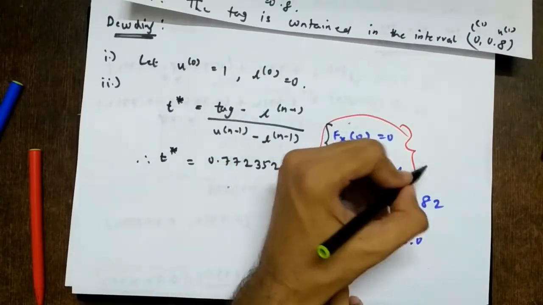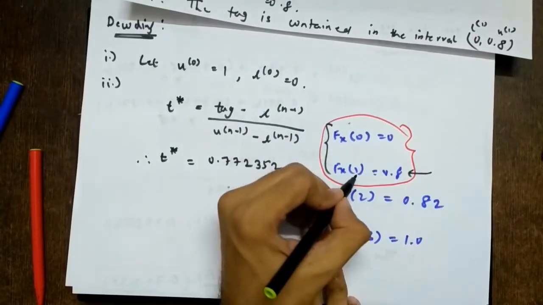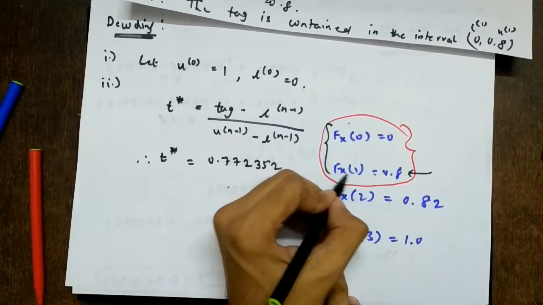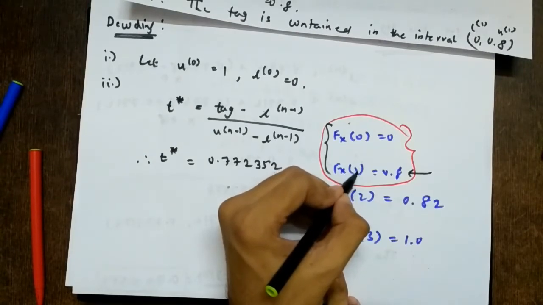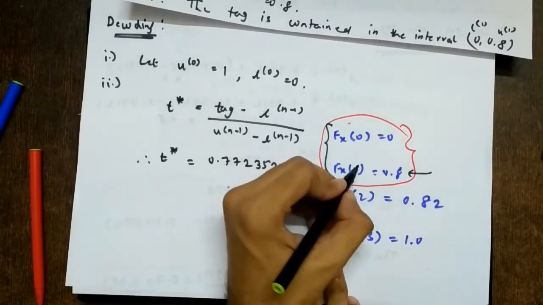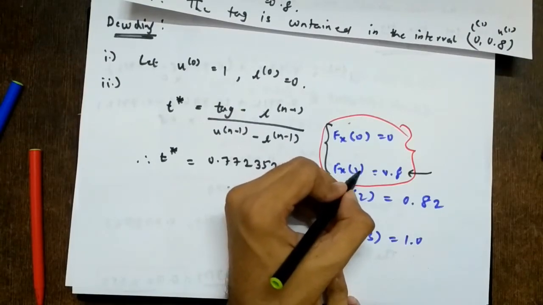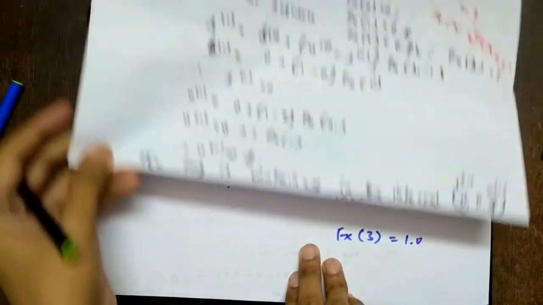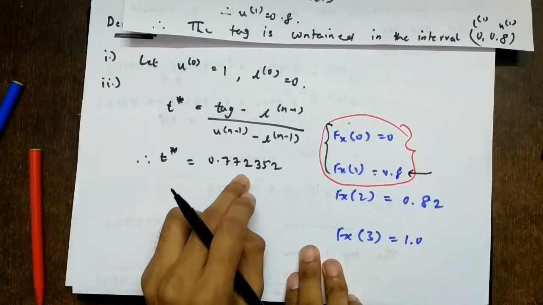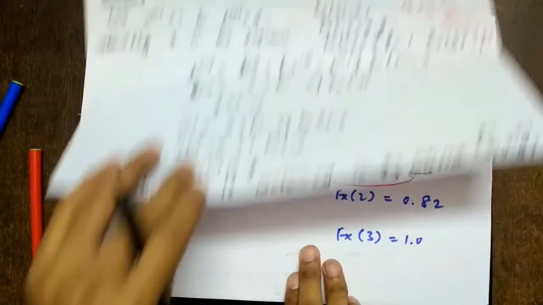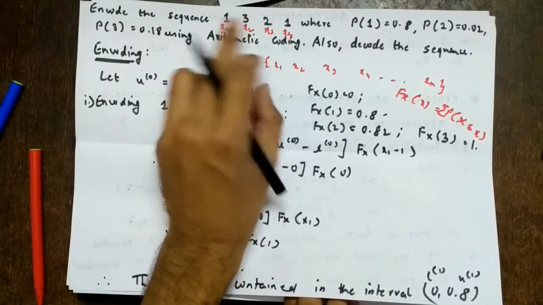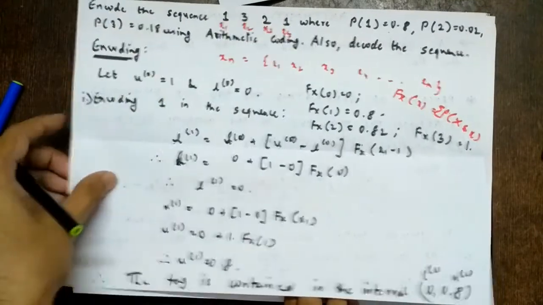So take the upper limit, that is the upper interval. So what is the upper interval? Fx of 1. So it corresponds to which number? 1. So our decoded sequence is what? 1. And we already know what answer we should get: first decoded should be 1, then 3, then 2, then 1. Why? Because this sequence we have encoded, so after decoding we should get the same sequence.